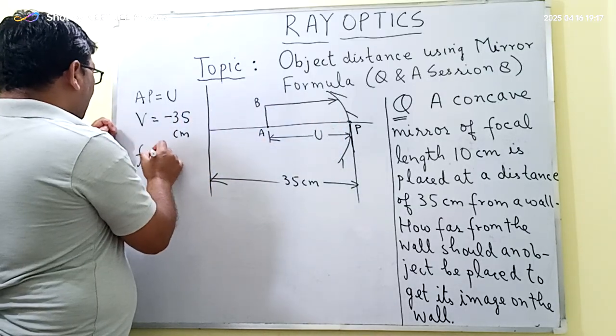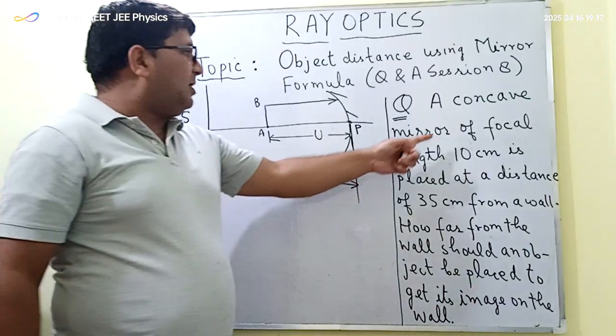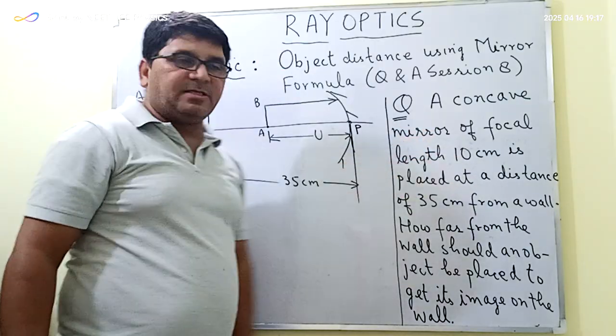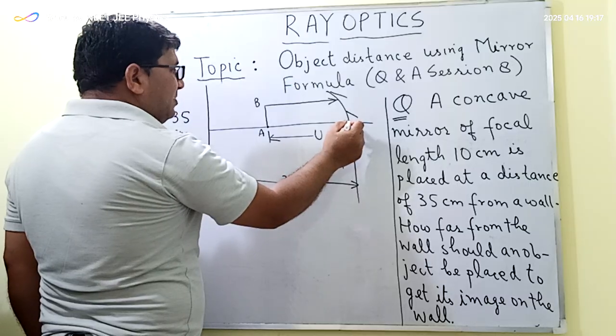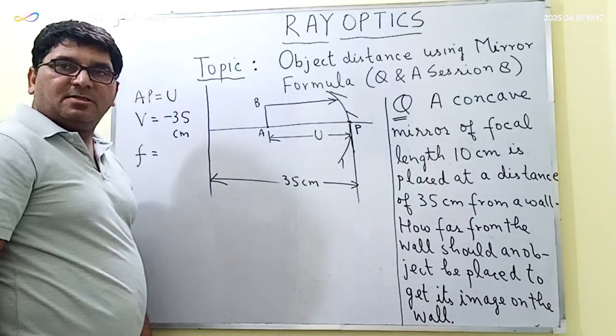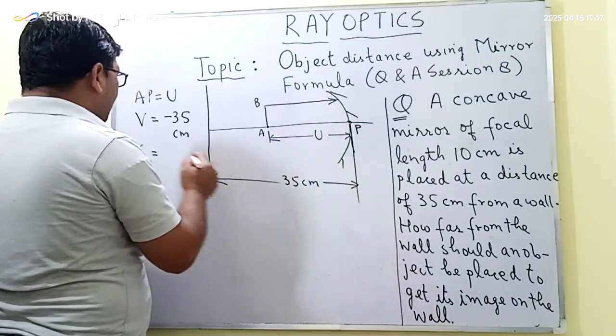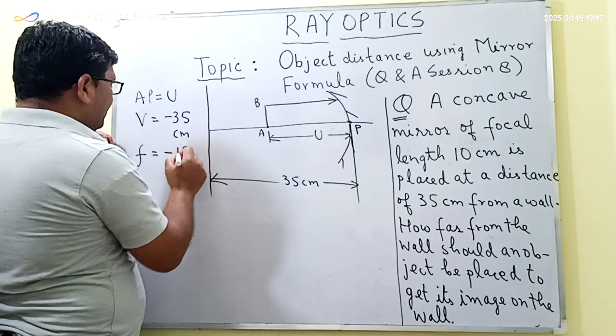Similarly, here the focal length of the concave mirror is equal to 10 cm. Now since the focal length is also measured from the pole of the mirror, and we are measuring the distance in the opposite direction of the ray, this will also be equal to minus 10 cm.